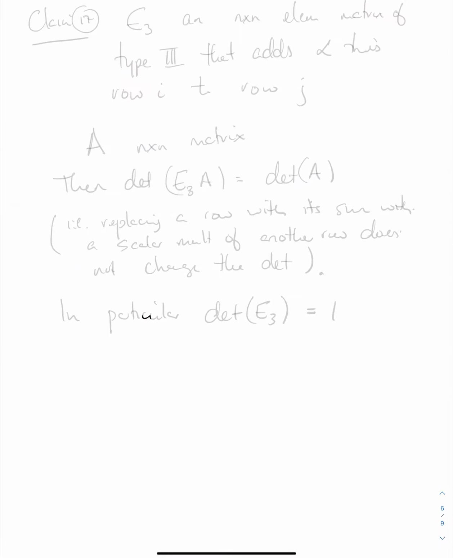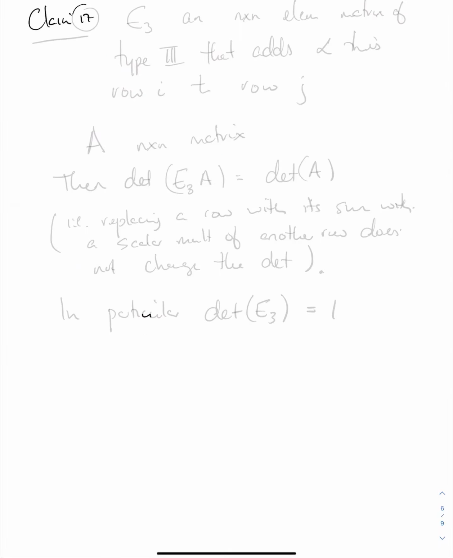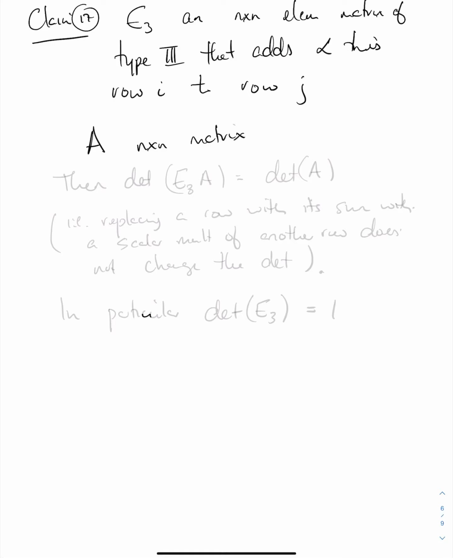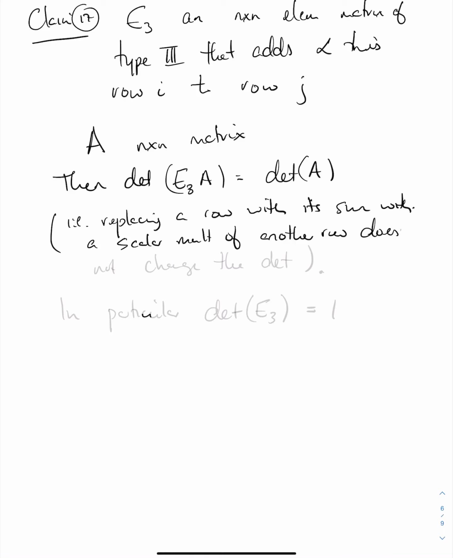Now let's prove claim 17. If E3 is an n by n elementary matrix of type 3 that adds alpha times row i to row j, and if A is an n by n matrix, then the determinant of E3A is equal to the determinant of A. In straightforward language, replacing a row with its sum with a scalar multiple of another row does not change the determinant.